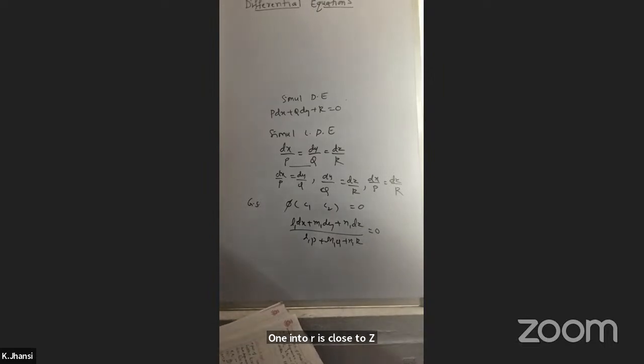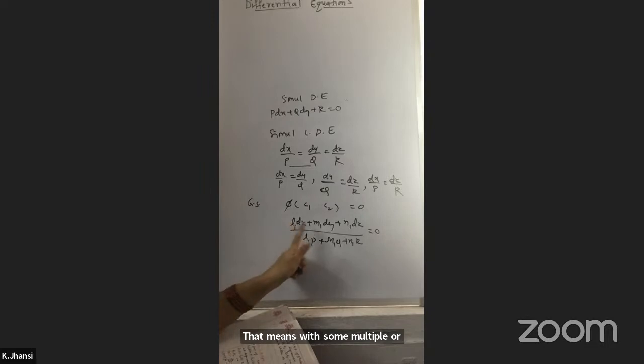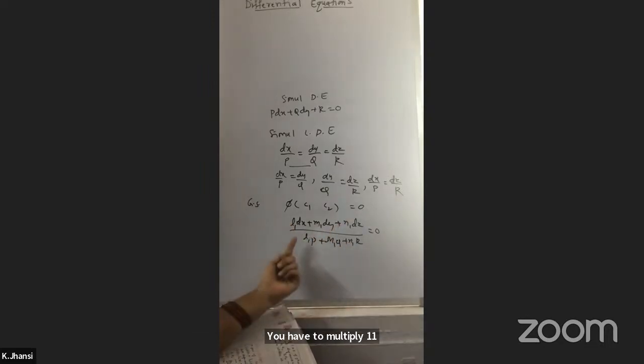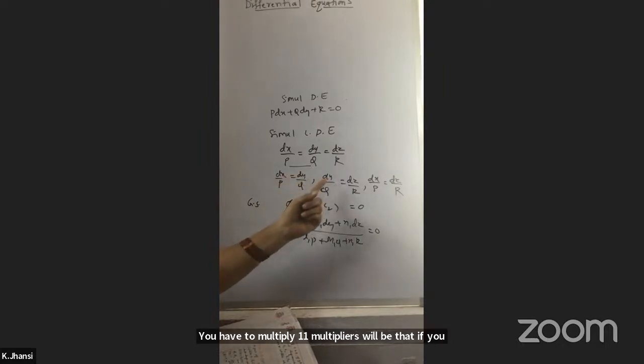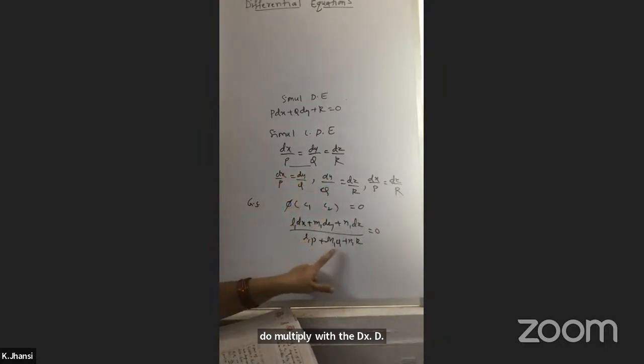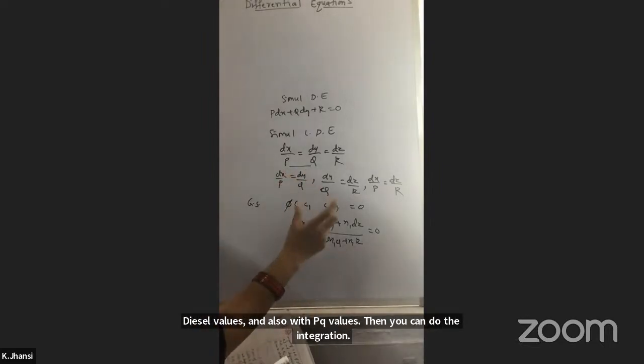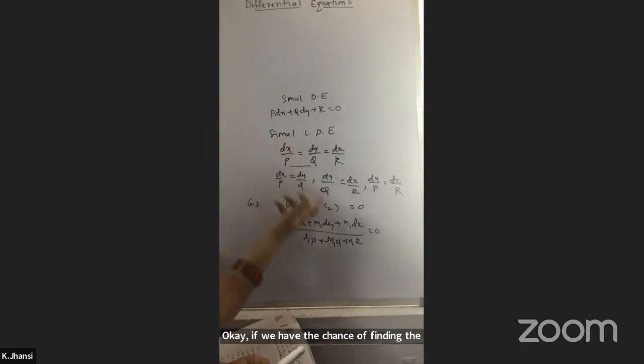That means there will be some multipliers. L, M, N are the multipliers. If you multiply with the dx, dy, dz values and also with the P, Q, R values, then you can do the integration.